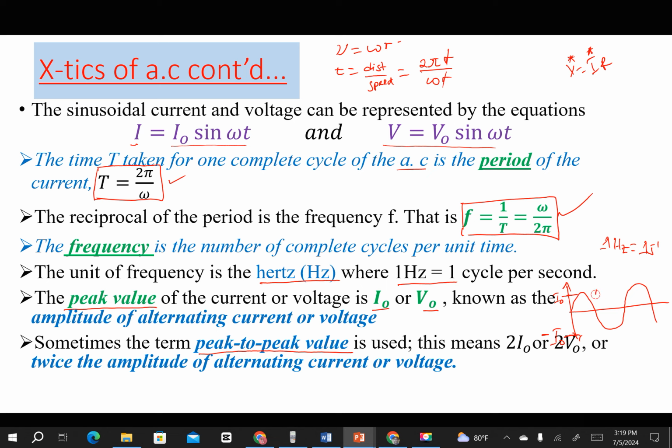So when we talk about peak to peak, we are referring to this value here, which is twice I naught. Or if it is a graph of V against time, it is still twice V naught. So the peak to peak value will sometimes be mentioned.